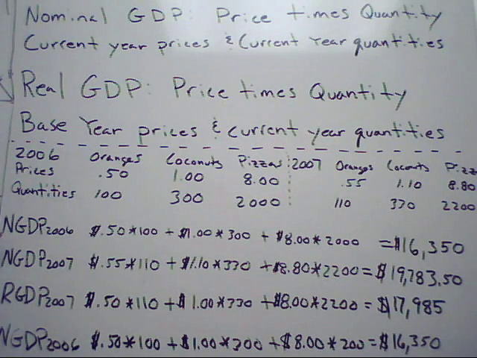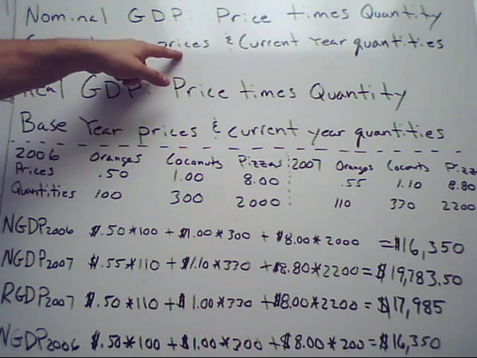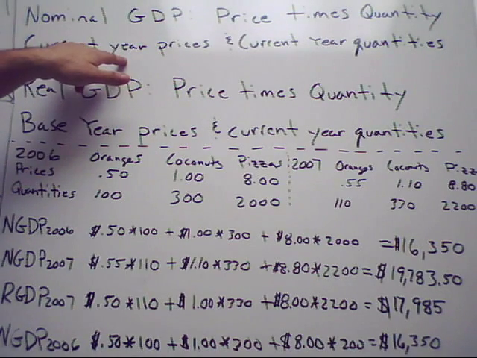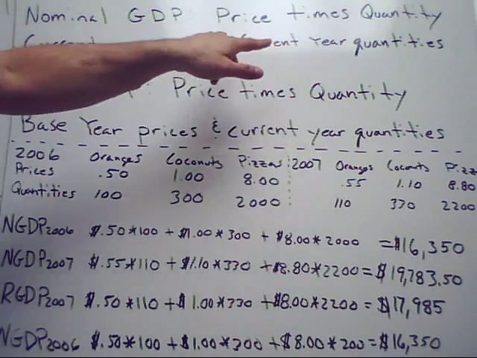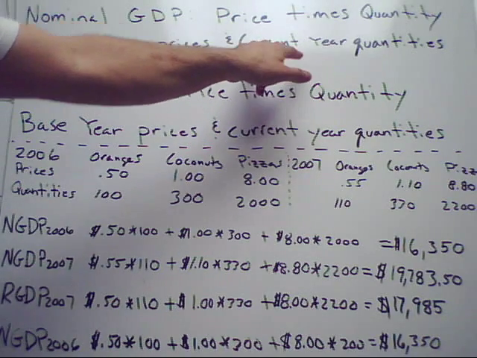Well, I'm going to start down here with nominal GDP in 2006, which is going to use current year prices, so that's going to be 2006 prices, and current year quantities, so I'm going to use 2006 output.